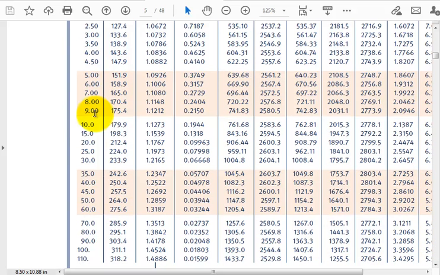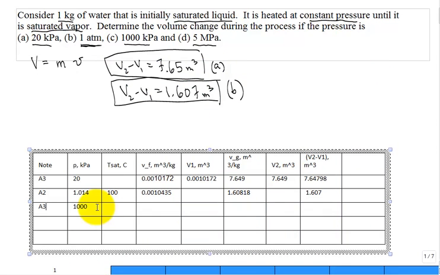which is 10 bar. This is my saturation temperature, 179.9 degrees C. That's my V sub F divided by 1,000, and then V sub G right here. So we'll go ahead and put those into a table.